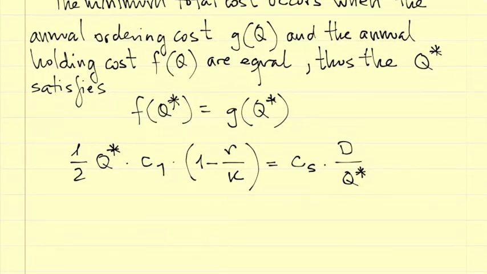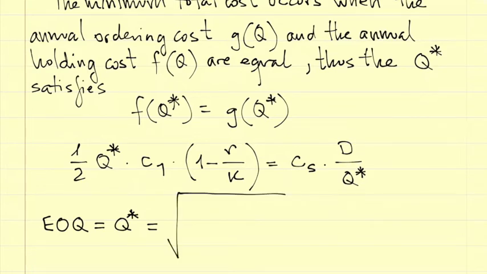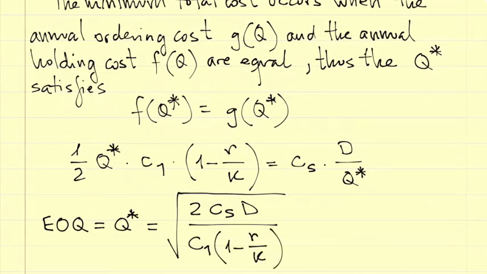So we have that our economic order quantity in the manufacturing model equals the square root of 2 times CS D divided by C sub 1 times 1 minus R divided by K. And this formula was used last week. Maybe you remember.